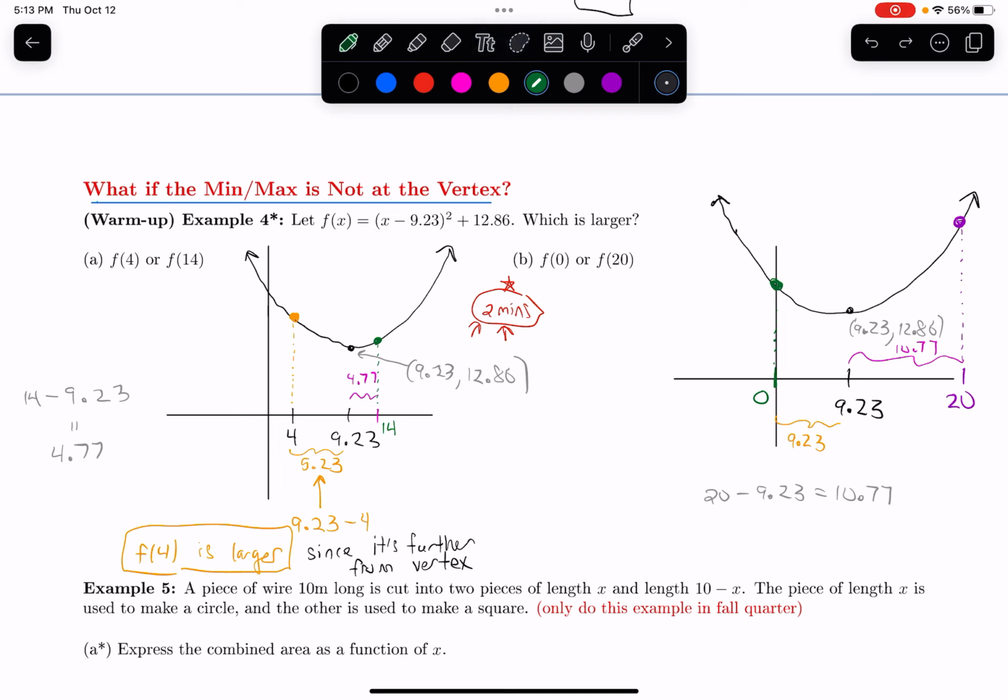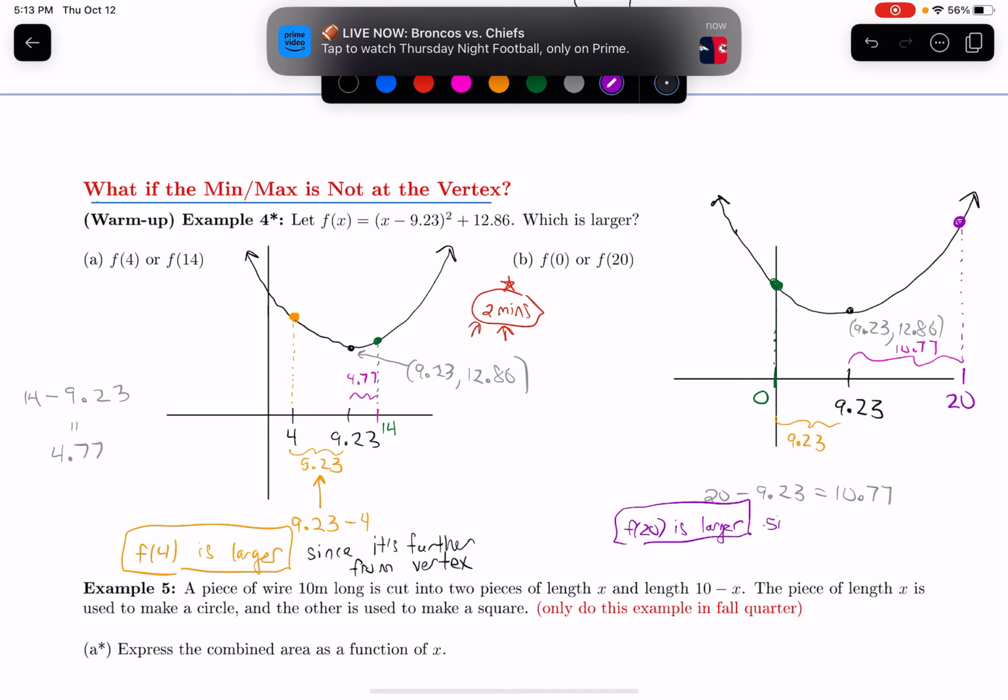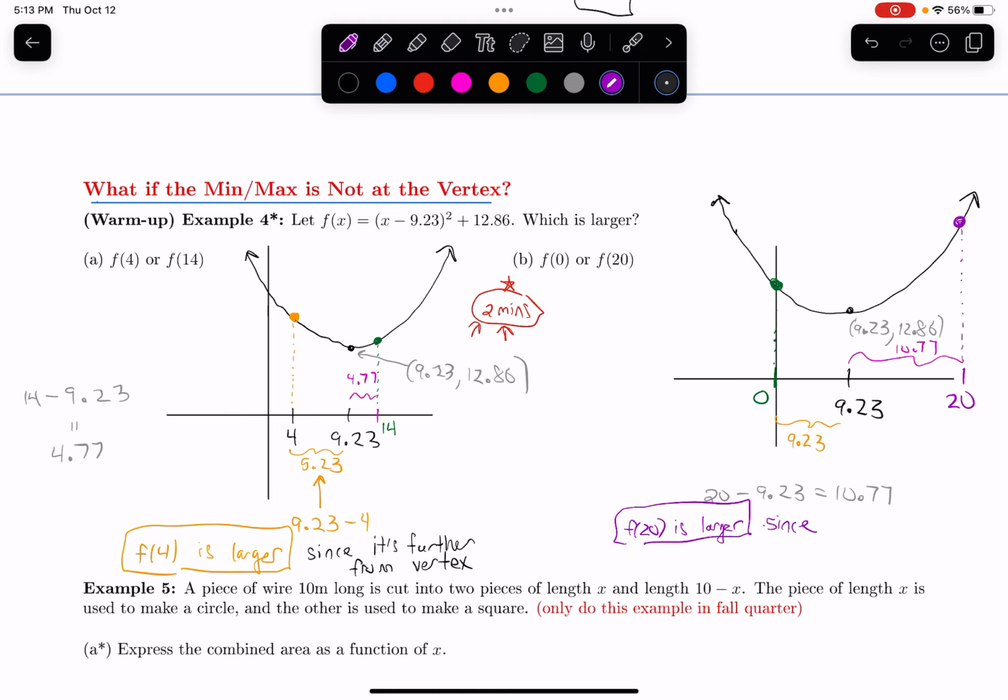So let's write that. F of 20 is larger since x equals 20 is farther from the vertex than x equals 0 is. That is the reason why.